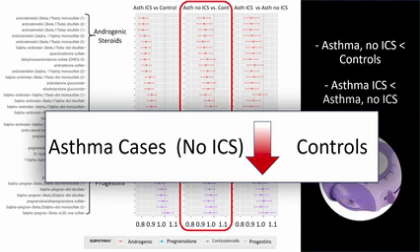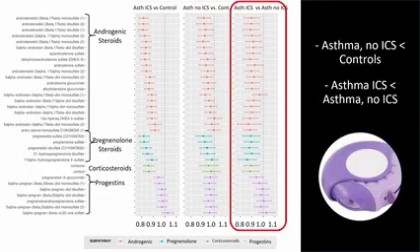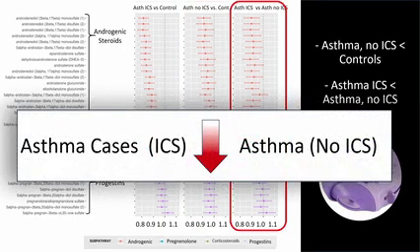This is important, because this is fundamentally suggesting that potentially one of the driving forces for asthma and the physiology is that they cannot produce steroids as efficiently as controls. Physiologically, that is a very important thing to understand. But what else do we see here? We also see that asthma cases taking steroids versus those who are not are still lower. That's also important. A lot of what we're seeing could be driven by this inhaled steroid use.